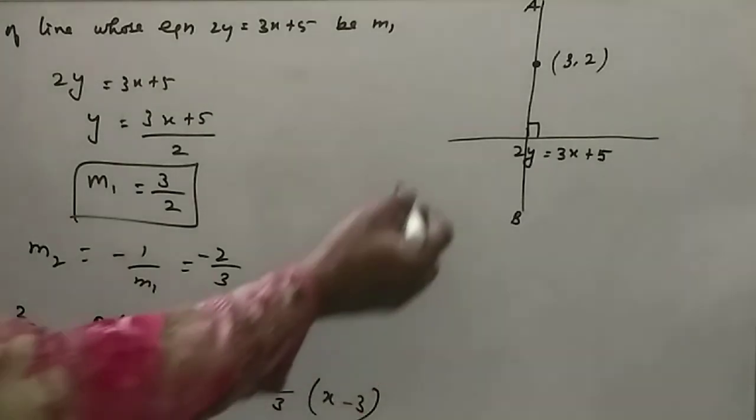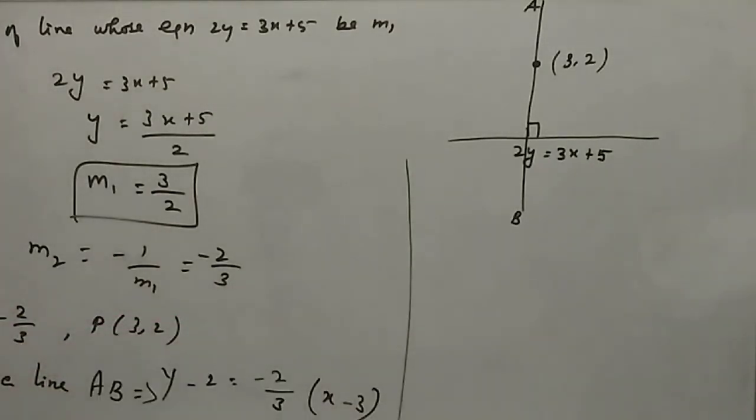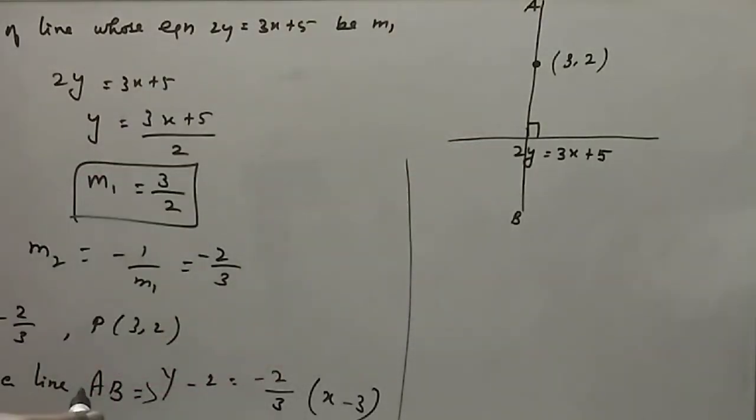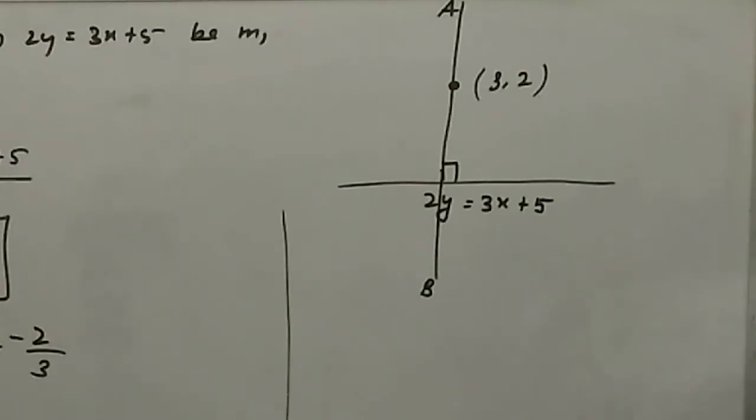Next, what is the second part? AB meets the x-axis at A and the y-axis at B. So, this AB meets the x-axis and y-axis. What is the A value?